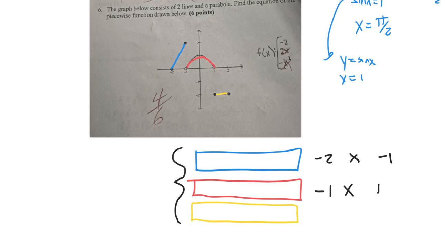And when it comes to the yellow part, it's clearly happening between 1 and 2. Now here it's underline underneath, right? Because we have closed circle, closed circle. Here it's straight up greater than symbol or whatever that is. And then over here, we have the underlines.